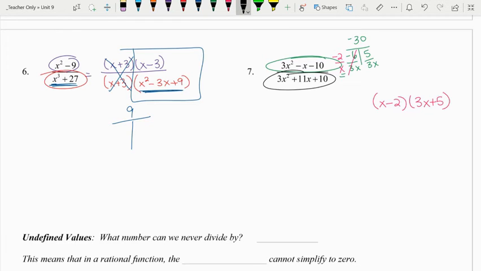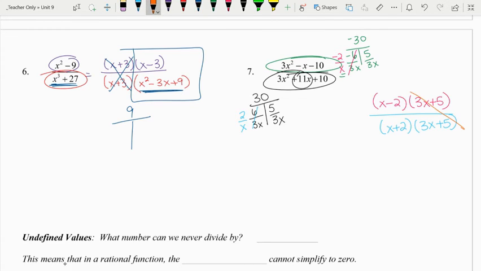Our denominator can also be factored. First times last gives me positive 30, and now we need a positive 11. Well, that would still be 6 and 5. Again, the left side can be reduced. So we now have our denominator as x plus 2 and 3x plus 5.